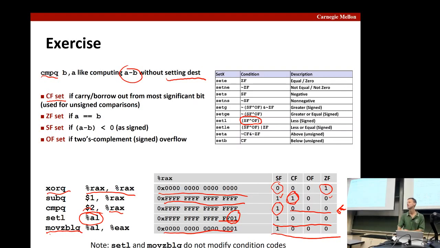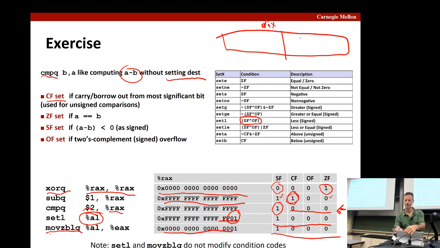Yes. AL is, if you remember our register picture, like if you have RAX, then this lower half is EAX, and the lowest byte of that is AL.